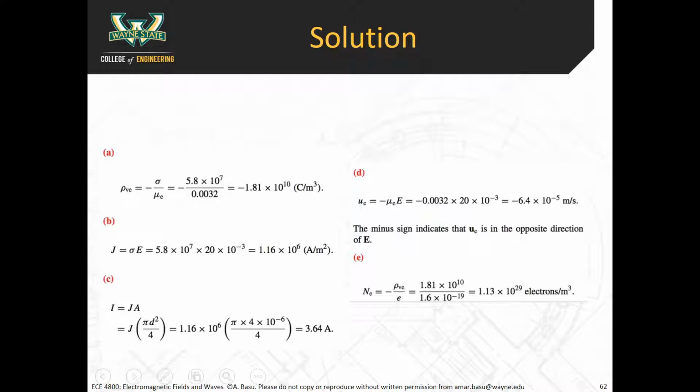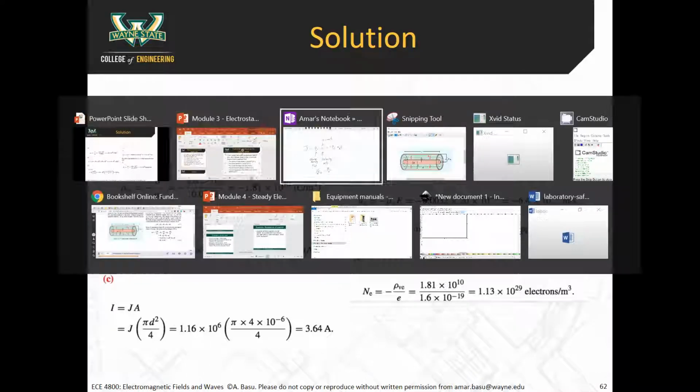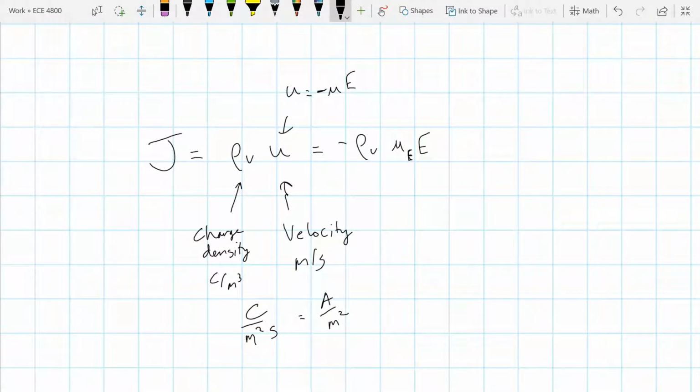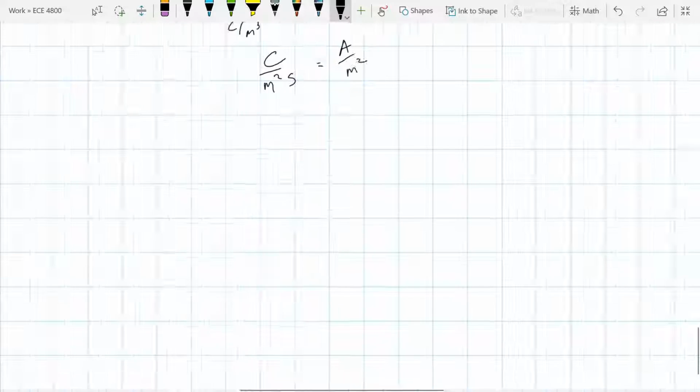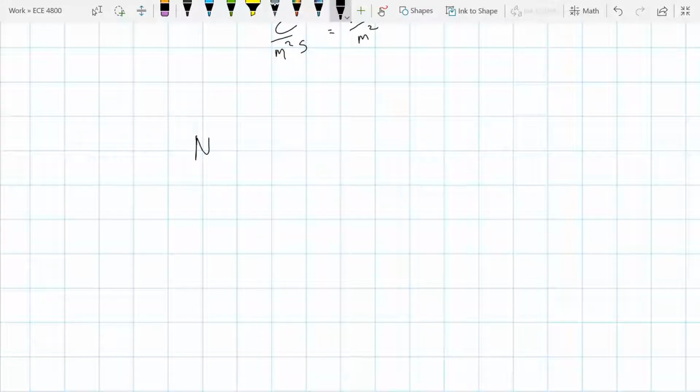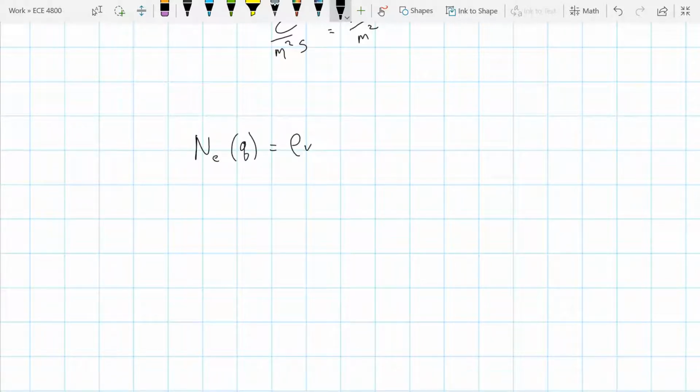So let me write this down here. So N times Q is equal to rho sub V. All right, so you might want to just jot this down in your notes. So the units for rho sub V is coulombs per meter cubed. That's what we've seen before.